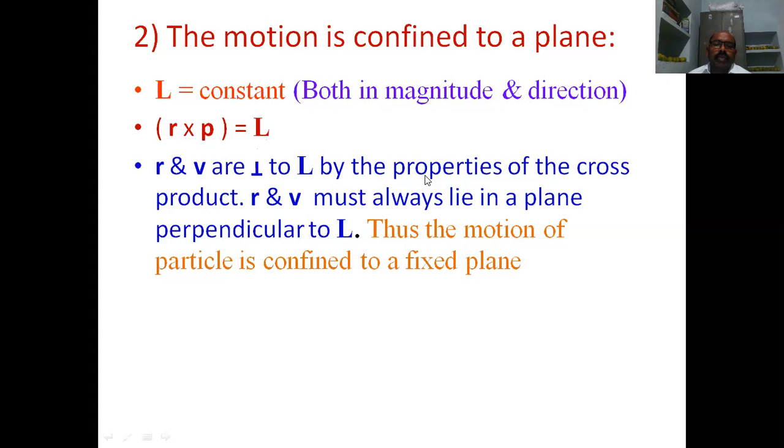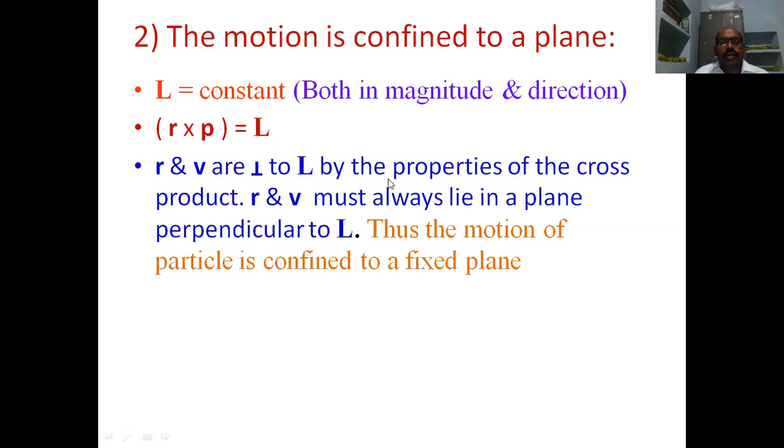By the properties of cross product, P can be written as M into V bar. Therefore, we have R bar cross M into V bar. So these two vectors are perpendicular to L. R bar is perpendicular to L and V bar is perpendicular to L. So R bar, V bar and L bar are mutually perpendicular to each other.